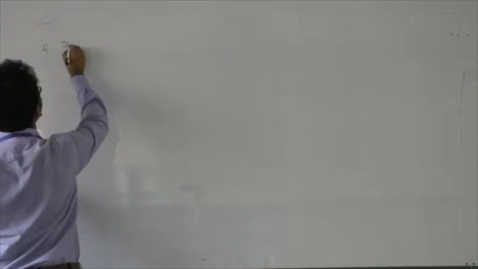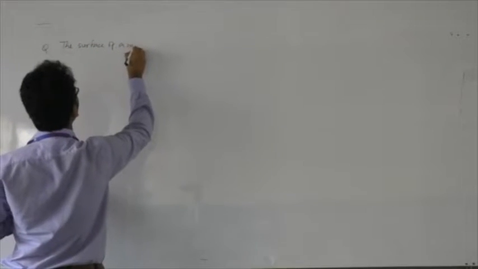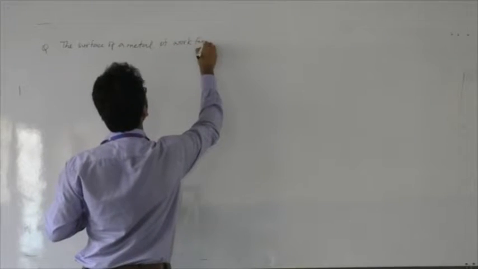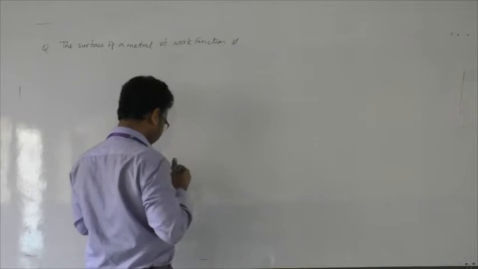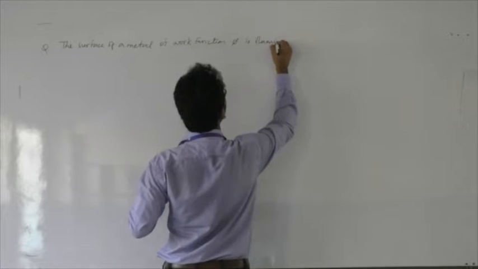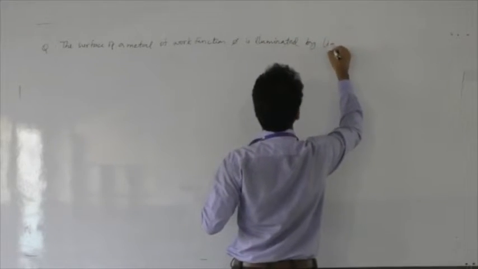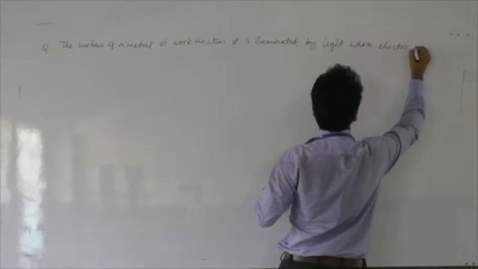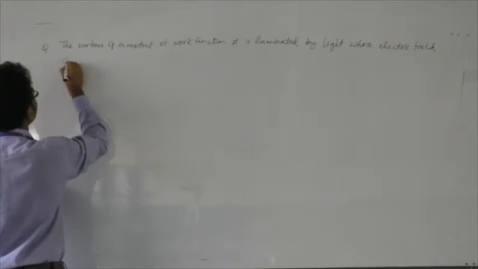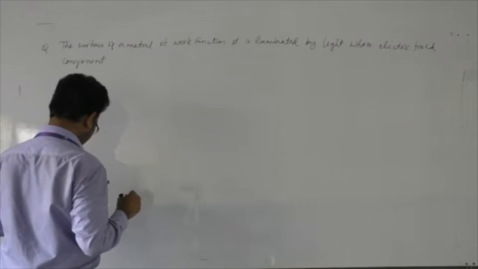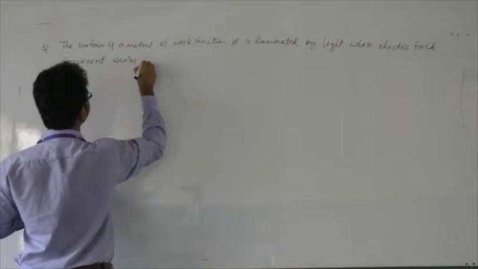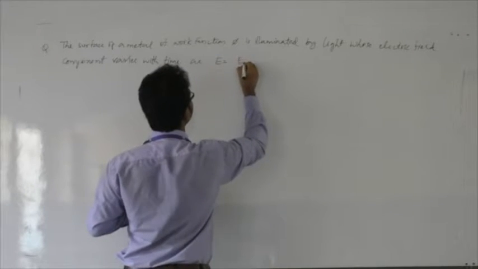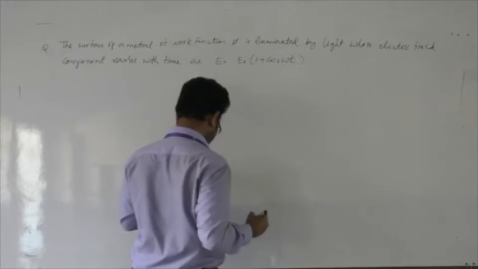The surface of a metal of work function phi is illuminated by light whose electric field component varies with time as E equals E naught times 1 plus cos omega t, sin omega naught t.